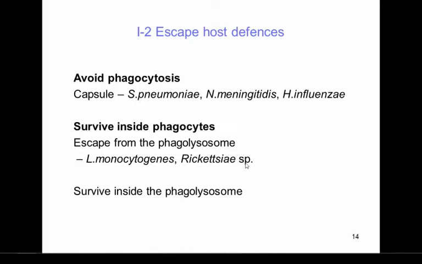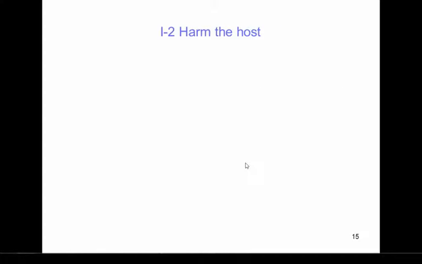Bacteria will be taken up. Of these two strategies, some manage to survive inside the phagolysosome, others will escape and live in the cytosol. So Salmonella and Mycobacterium tuberculosis can survive inside the phagolysosome. So that is how they dodge the host immune response.